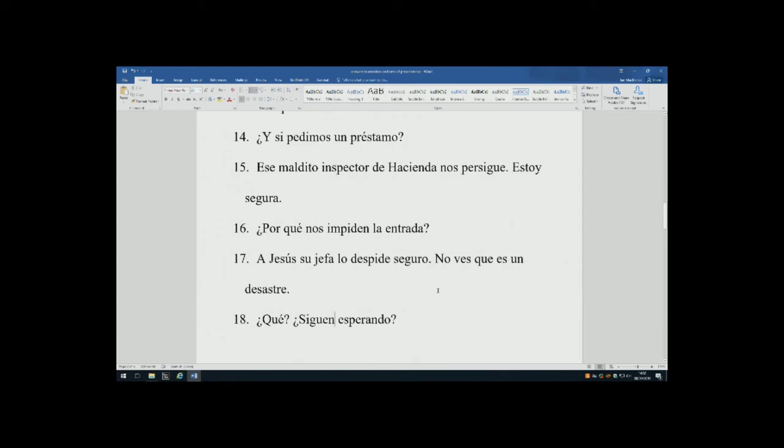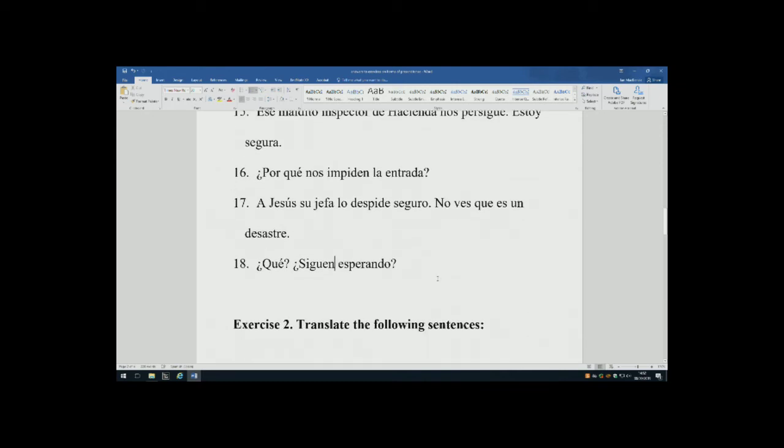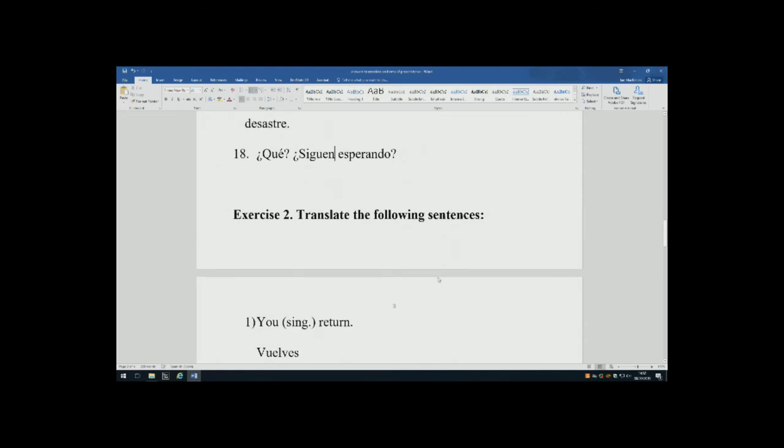All right, now, the more difficult translation type of exercise. You return, singular. Vuelves. Very good. You live. I'm hearing different answers here. It's vosotros, isn't it? You plural.